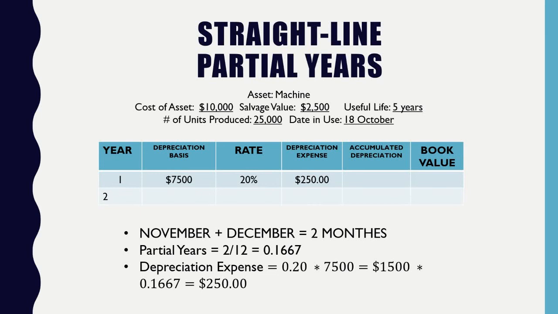It's only 2 months out of 12, so you could take your 1,500 and multiply it by 2 divided by 12, which will give you a total of $250. That's just for the very first year, because that's how much I used it for the first year, since it's only 2 months old.